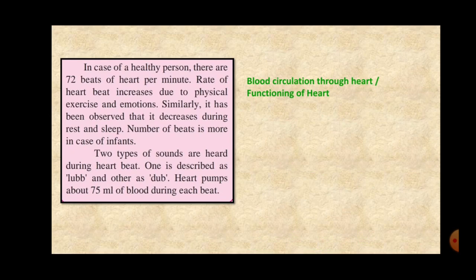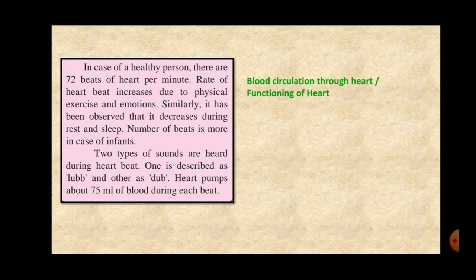The next is blood circulation through the heart, or how the heart performs the function. The main function of the heart is to pump the blood. This blood is circulated all over the body with the help of the vessels, and this is called blood circulation. So, the process of circulating the blood all over the body is called blood circulation.